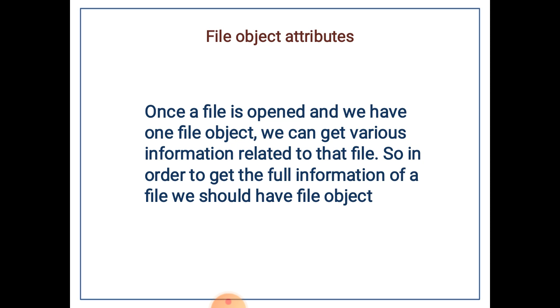What is a file object and what are the attributes of a file object? A file object contains all the information related to that particular file.